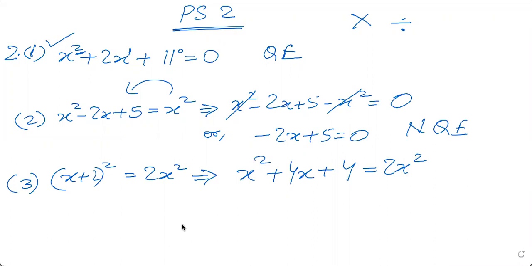Now we have removed the multiplication, but the similar terms are still there. So simplification is possible. We will move the 2x square from right to left.